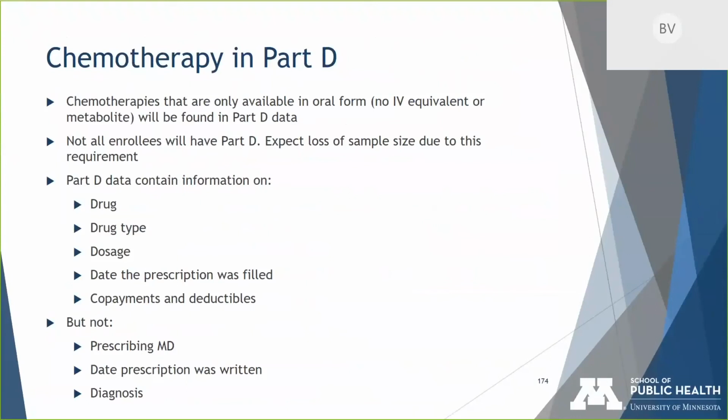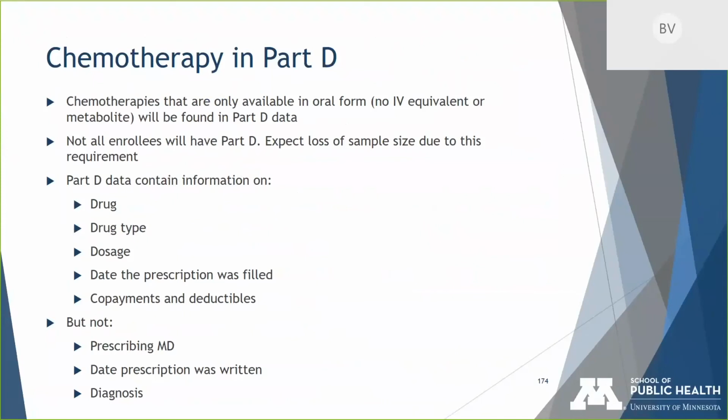But as you remember from Christy's example, not all enrollees have Part D, so we do expect a reasonable loss of sample size due to this requirement, and there are differences in the individuals who enroll versus those who don't enroll in Part D. So you'll need to keep that in mind, and you can look at that based on your cohort demographic criteria.